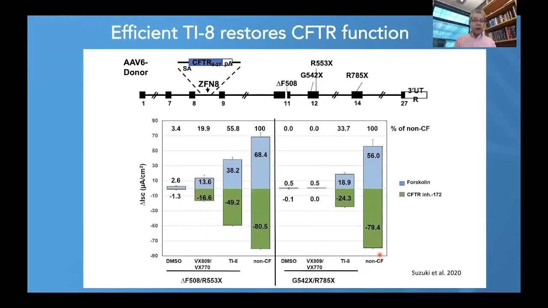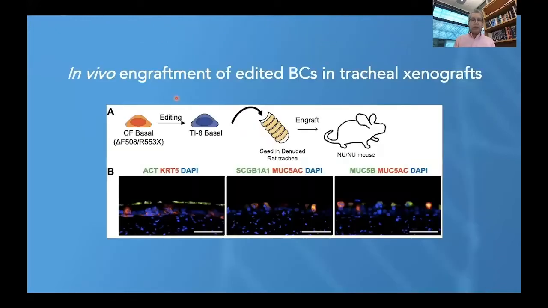And importantly, when these cells are put into air-liquid culture, we see restoration of, for example, good levels of non-CF CFTR channel activity. So we believe we have a methodology here that's quite useful, and we're now working on moving this targeting into different introns. I have data in one slide from intron 7. We're now moving further up, all dependent upon our ability to properly vector these donor molecules.